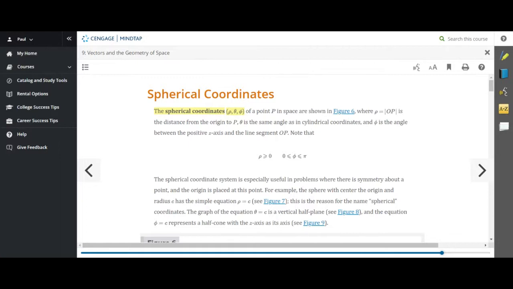So spherical coordinates are rho, theta, and phi.